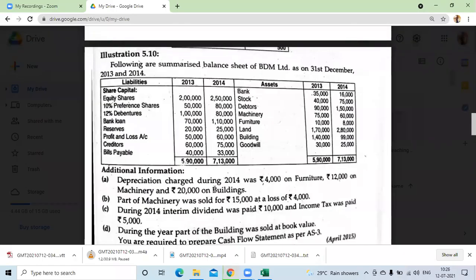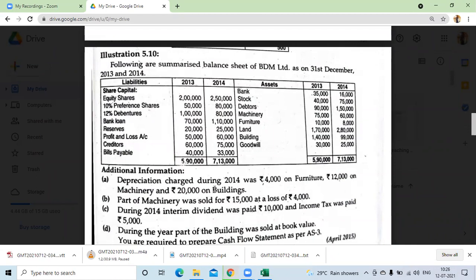Next line. You have to make the columns, particulars and amount, and then start with net profit as per P&L account. Come on, quickly write short forms as of now. In the question paper, you need to write full forms, okay? Write down net profit as per P&L account.